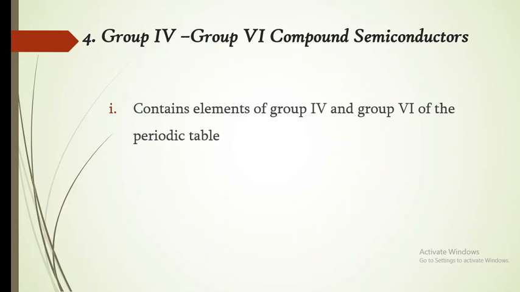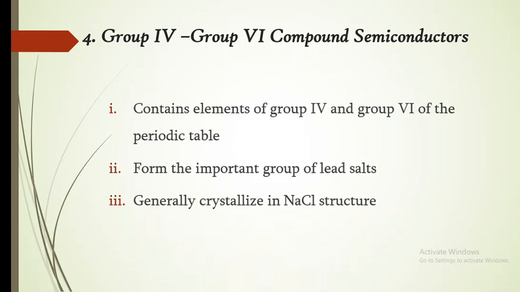They form the important group of lead salts. Whatever members of this group show the semiconducting property, they are mainly made up of lead. That's why they form an important group of lead salts.